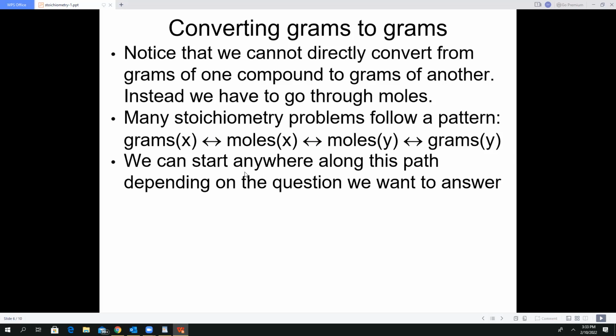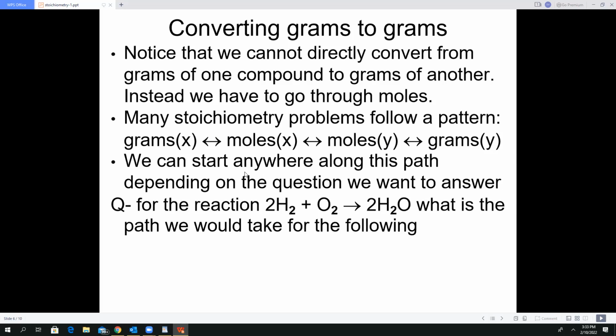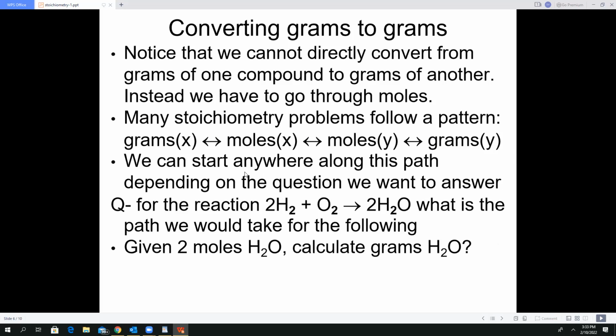All right, now, if you look at this question, it says, for that reaction, what is the path you would take if you had this question? You notice it says, given 2 moles of H2O, calculate the grams of H2O. So where would you start on this path right here?